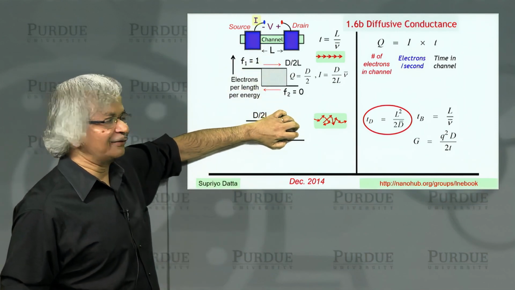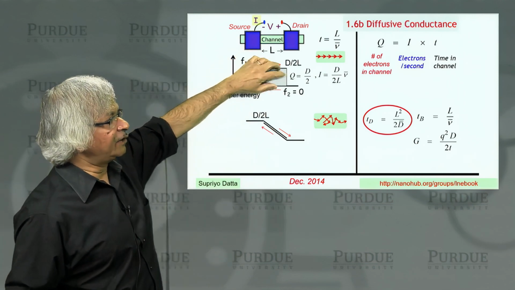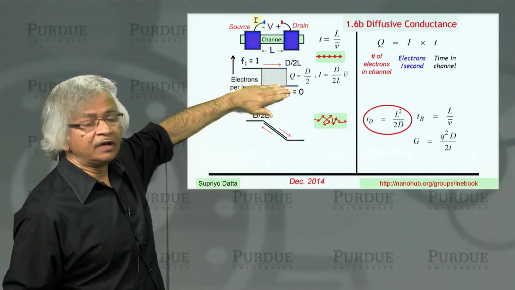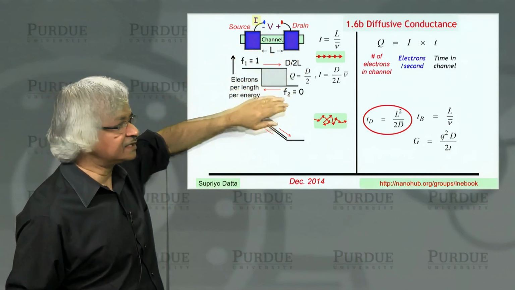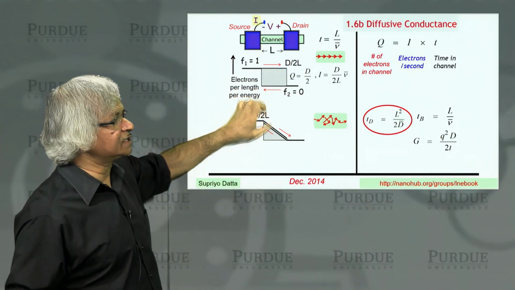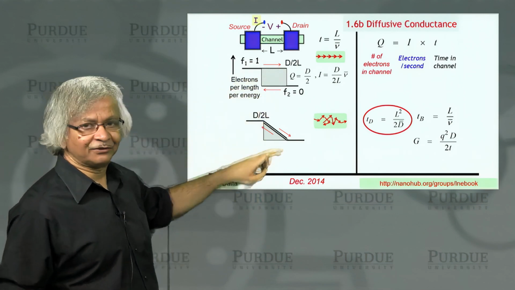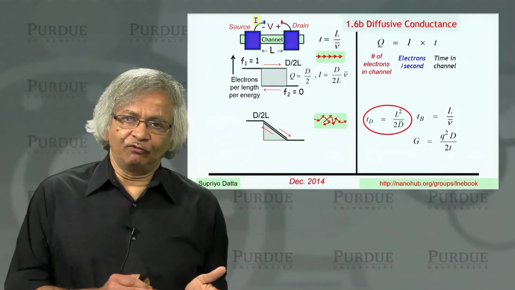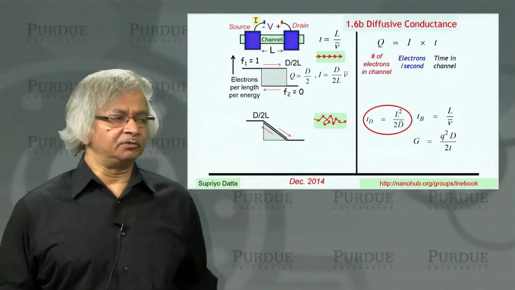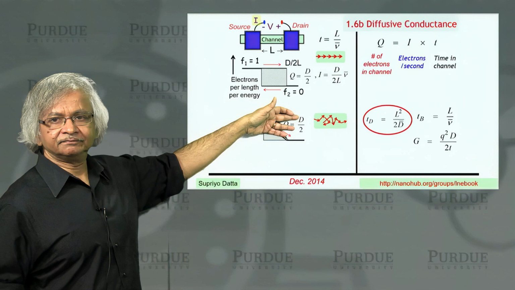Here you had a certain number D over 2 for northbound lanes, and 0 for the southbound lanes. Here, north and south are equally occupied, but each one is only half as much because instead of a rectangle, it's like a triangle. So when you look at the area, you get D over 4 for northbound lanes and D over 4 for southbound lanes. And so when you add it up, the charge is still the same, D over 2.